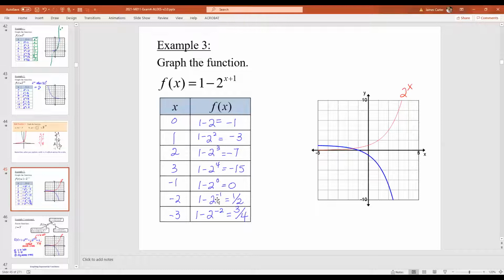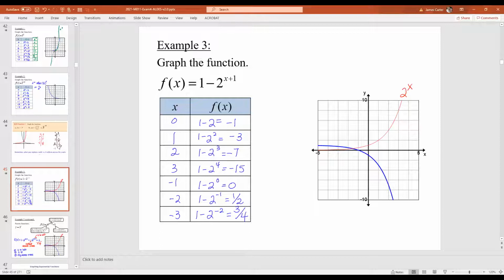Okay, here's another equation. Now, if we just start with the basic equation 2 to the x, this is the graph of it in red. Now, what is all this stuff going to do to it? Well, that +1 is going to move the graph one place to the left.